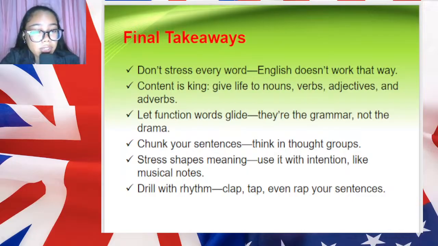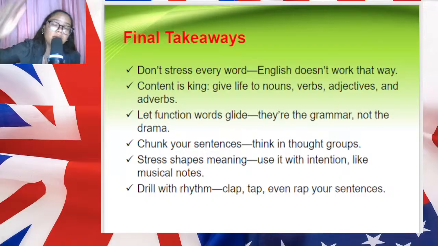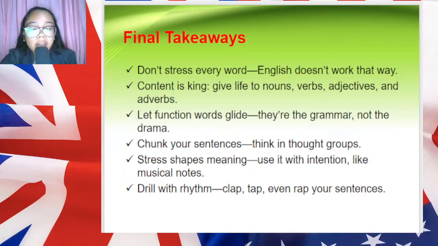We started with word stress, right? If you remember it correctly, we started with word stress, and then we slowly built up the foundation of word stress to eventually go to the topic of sentence stress.